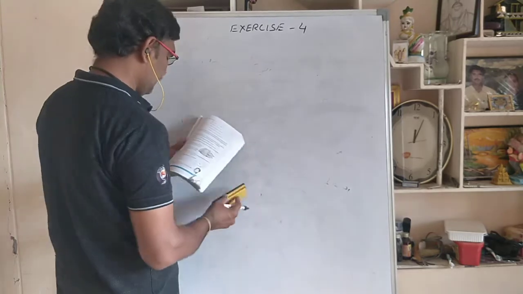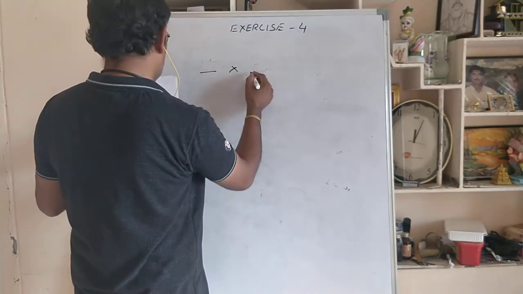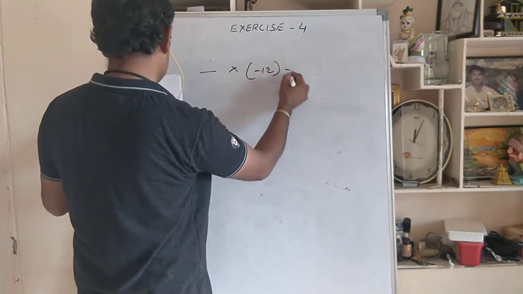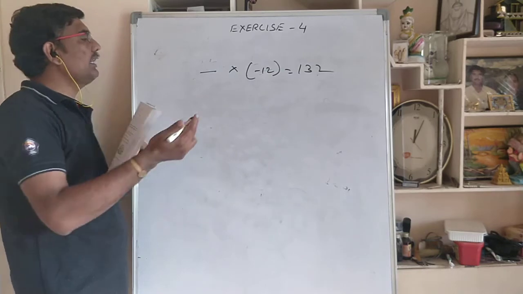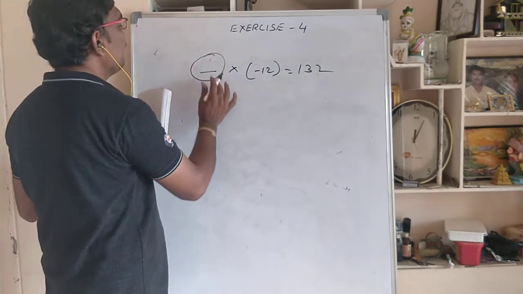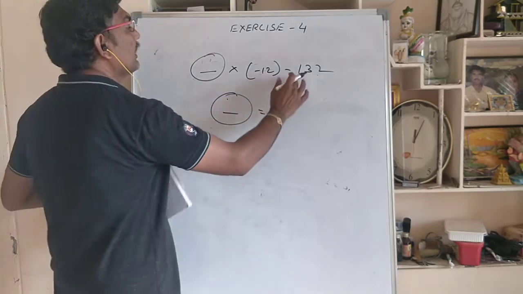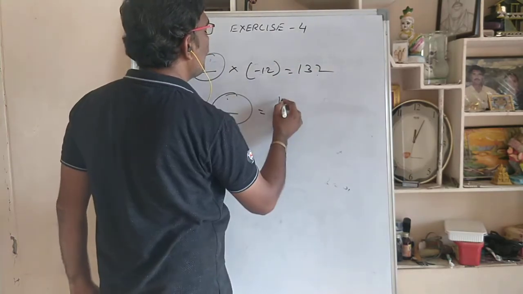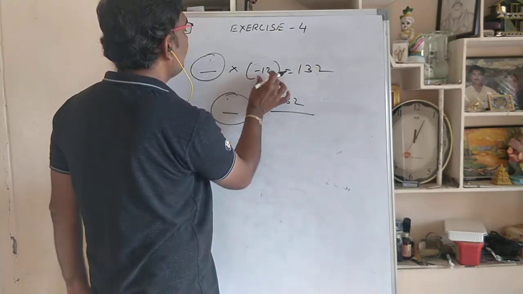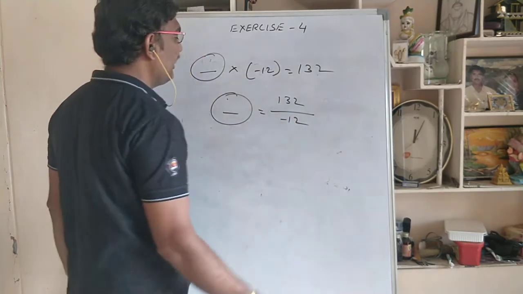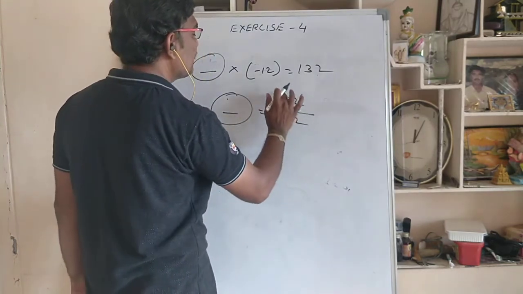That is dash into minus 12 is equal to 132. Same as what I said, keep the dash here only. The product should be written in the numerator. The remaining, the multiplicand, write in the denominator. Next what you have to do? Cancellation.